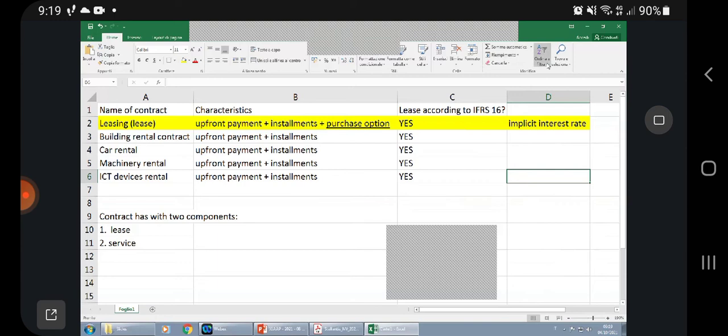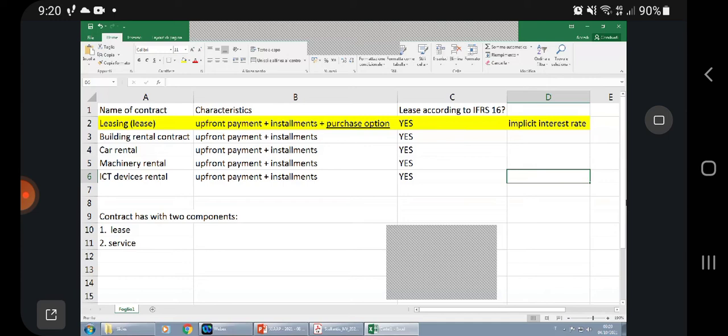Now, if you are renting a flat, think about your contract. In your contract, there is no interest rate, because the goal of that contract is just to allow you to use the flat for 1 year, or in case of companies for 6 years.